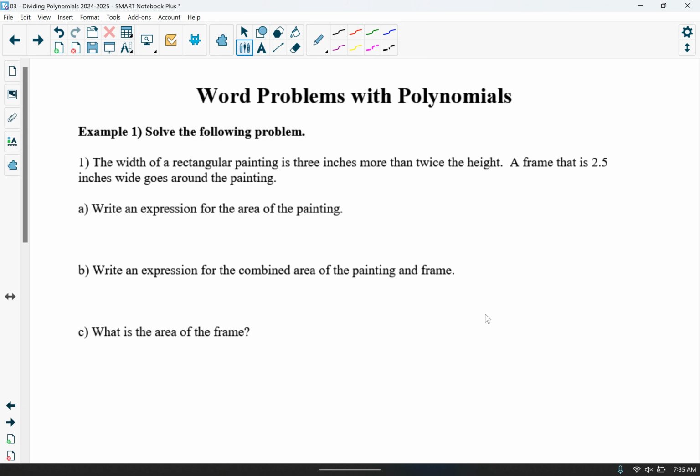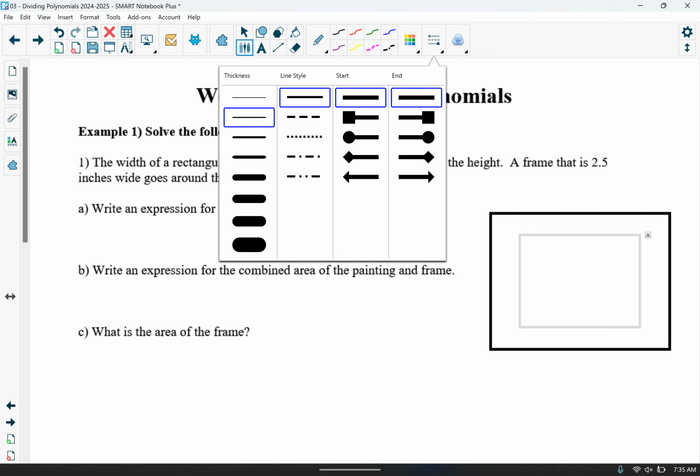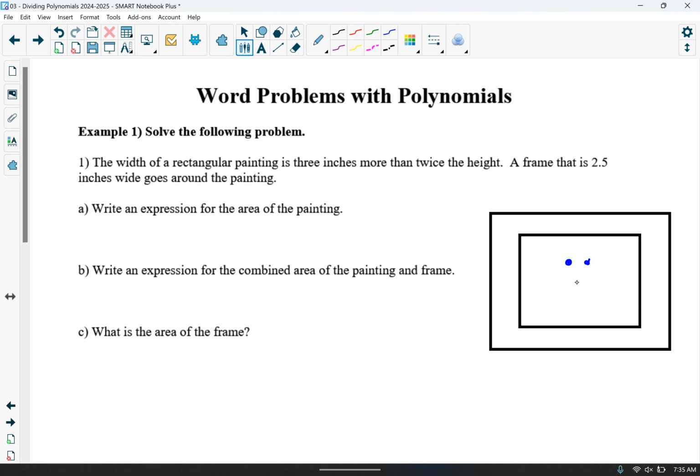So I would think to just visually model this for myself, and if I do that, I'm going to have a larger rectangle for the frame and a smaller inside rectangle representing whatever the painting might be. So maybe there's just a little face in there. Okay, so the width of the rectangular painting is 3 inches more than twice the height.